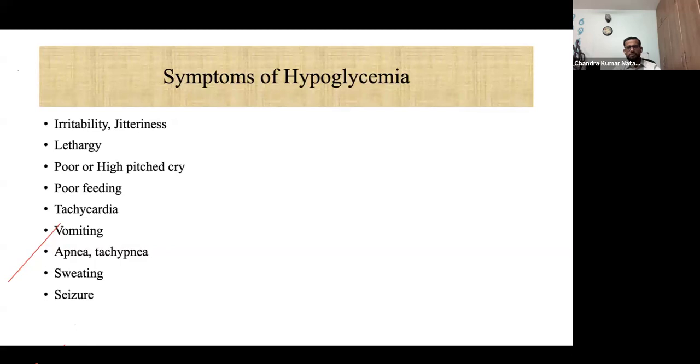Because of these compensatory mechanisms, with catecholamines and other stress hormones being secreted, the baby will exhibit other symptoms: irritability, jitteriness, tachycardia because adrenaline levels are going up, and sweating. So the symptom complexes are divided into neuroglycopenic symptoms, which are due to lack of glucose, and the other set of symptoms, which are due to the presence of counter-regulatory hormones.